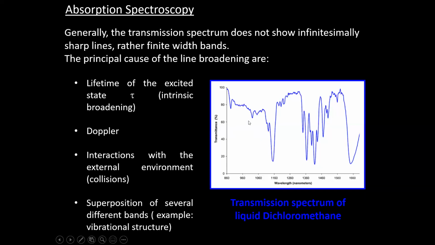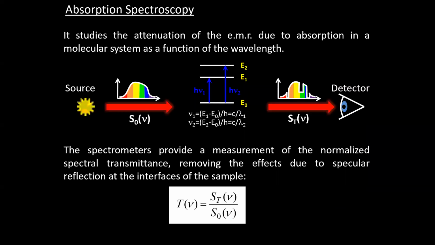But you realize that the situation is different from what you expect. In a very simplified model, you would expect absorption only if light is at frequency nu1, because the energy must be exactly equal to the difference of these two levels.